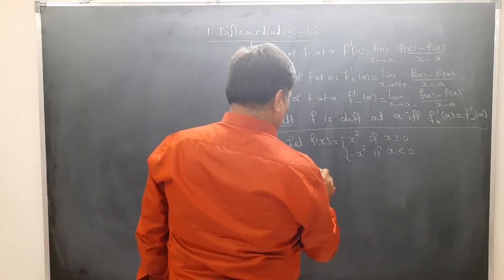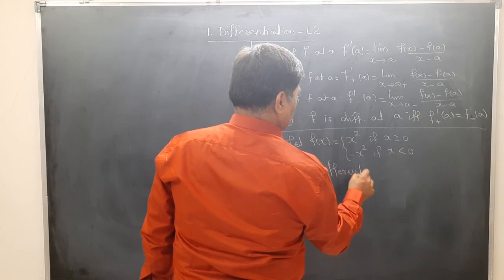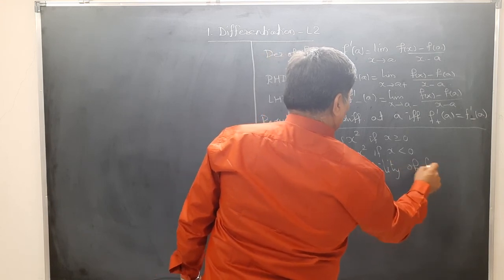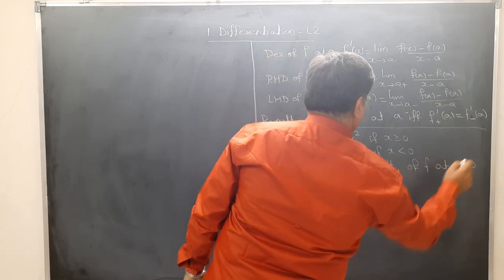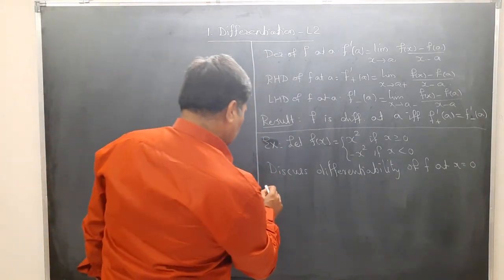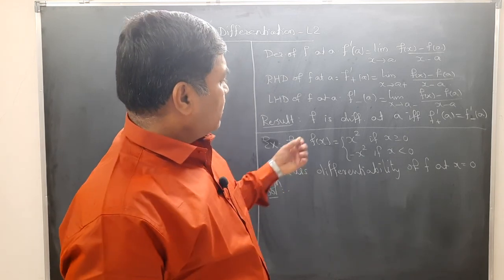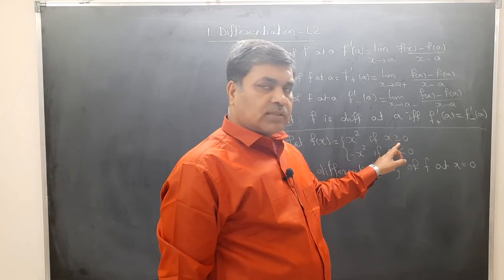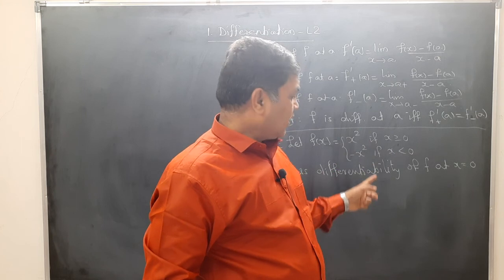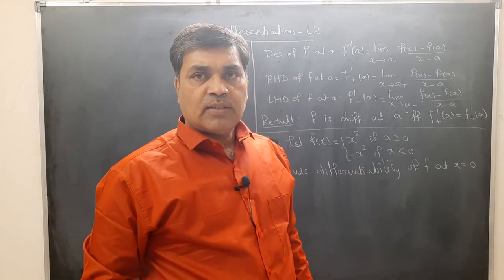Discuss differentiability of f at x equal to 0. Solution. So here on the right side of x, f(x) is x square, and on the left side of x, f(x) is minus x square.